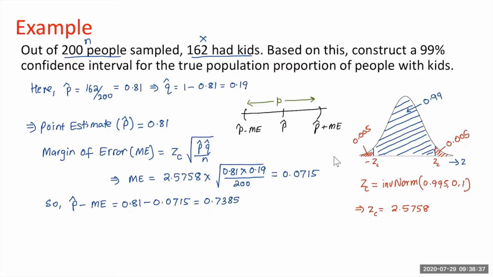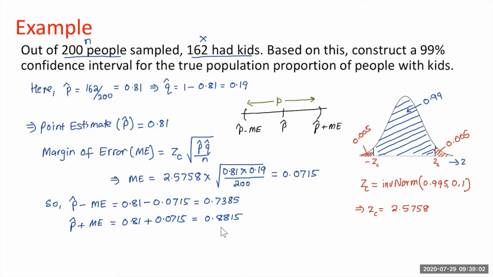And then p hat plus margin of error should be 0.81 plus 0.0715, which is equal to 0.8815. So we got the left end for the interval, and also the right end for the interval.